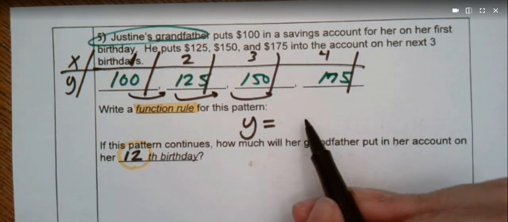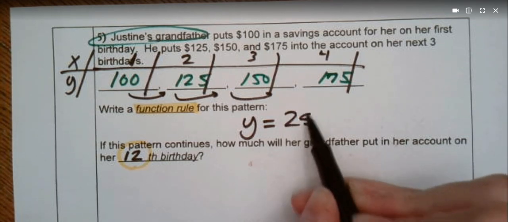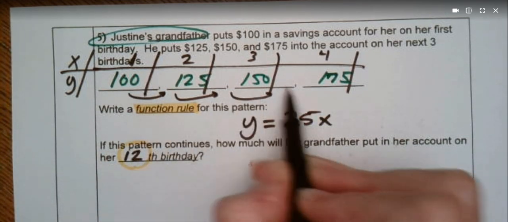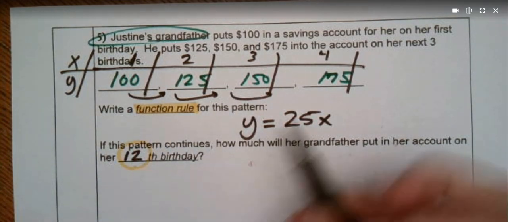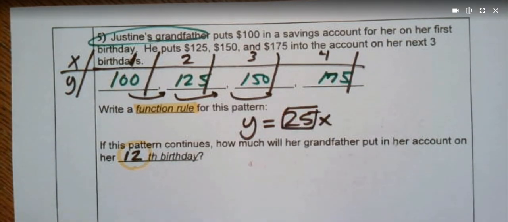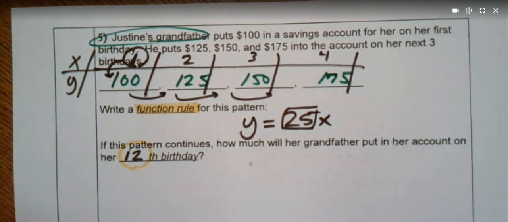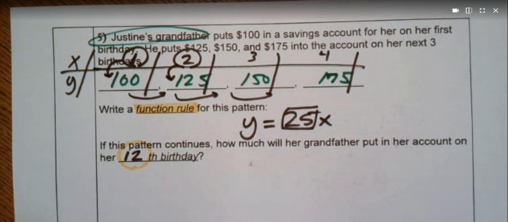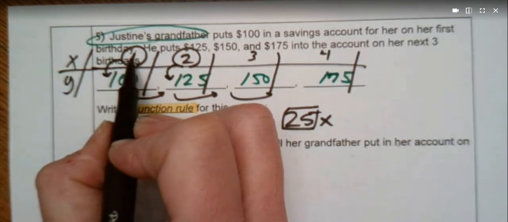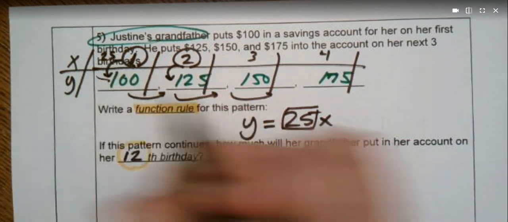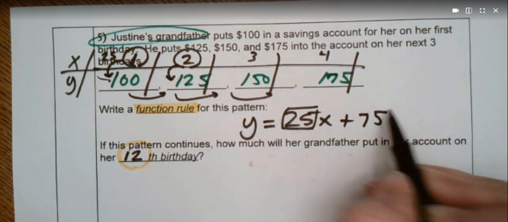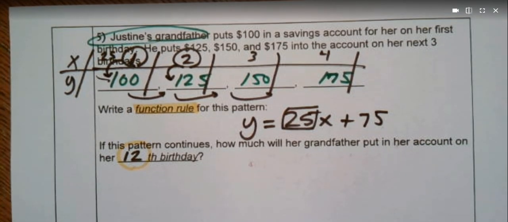We're going up by 25, so that's our multiplier, right? Repeated addition is really multiplication, isn't it? So right here, multiplying by 25, but I can't just take the 1 and multiply it by 25. I can't just take the 2 and multiply it by 25. What do I still need to add? Yep, once I multiply this by 25, I still need to add 75, right? So this becomes my function rule.